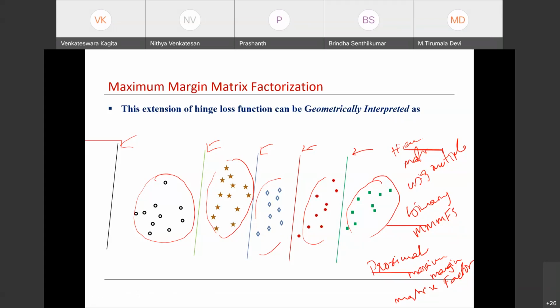Suppose we see the class labels the other way. You take an item, and these are all the users who have rated this item as positive and these are all the users who have rated it as negative. In that case, how would you classify? I'm just thinking.